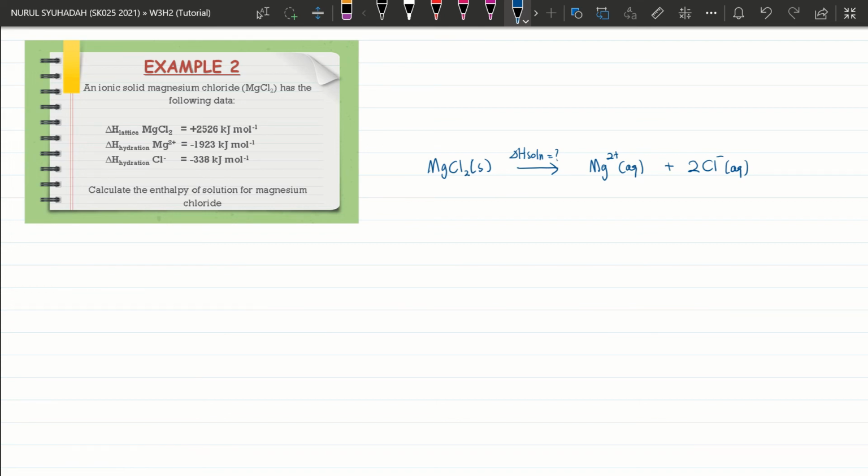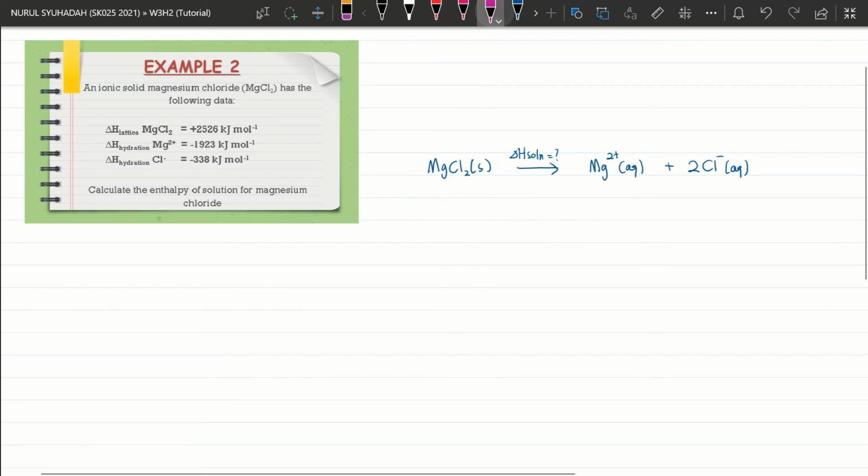Now, if you are unsure about the equation over here, what you can do is write down the equation down here. But it's not necessary for you to do that. You can straight away draw the energy cycle diagram.